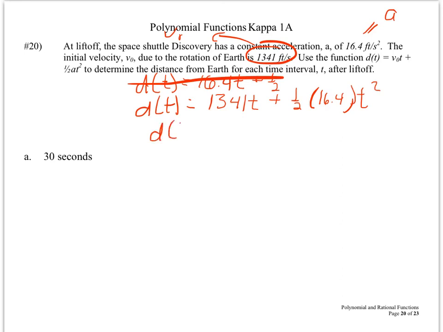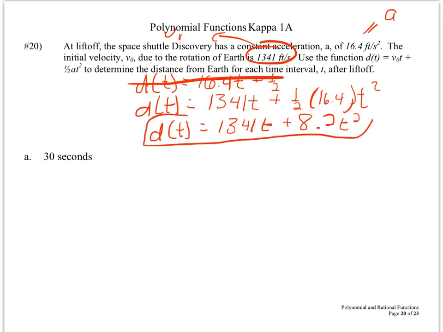This simplifies to 1341t plus 8.2 t squared. So this is the function that we're going to use to figure out this problem.